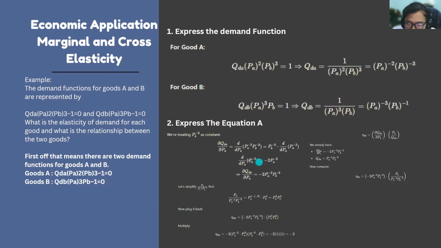Okay, that's how we get it. And then partial QDA per partial PA equals minus 2 PA power of minus 3, PB power of minus 3.